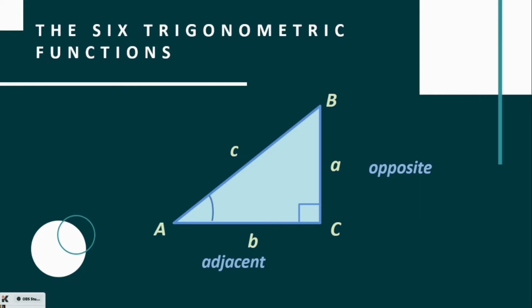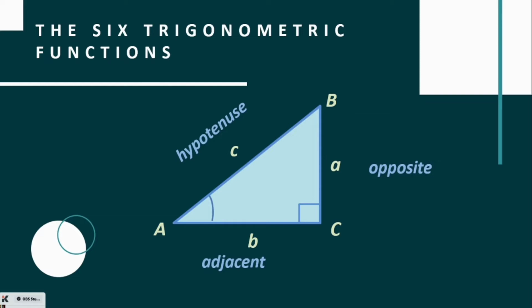So recall that the hypotenuse of a triangle is the side AB, since it's the longest side of the triangle. Now, the ratios of the sides of a right triangle occur often enough in practical applications to warrant their own names.